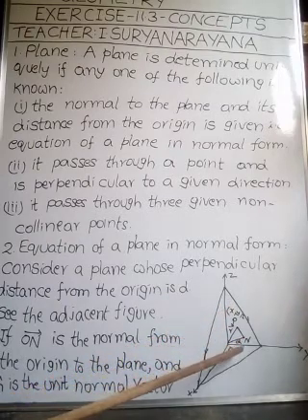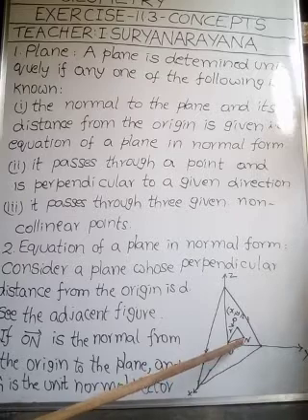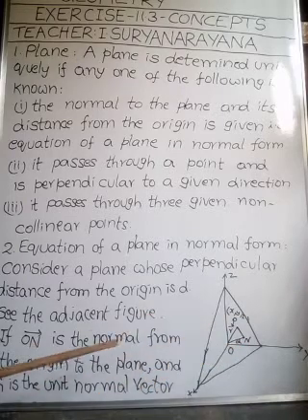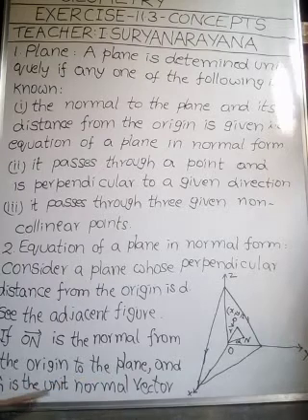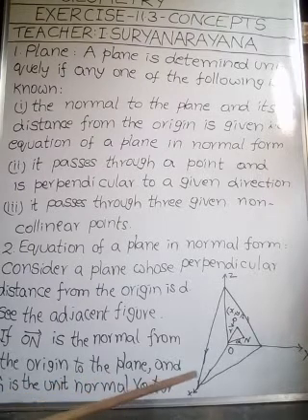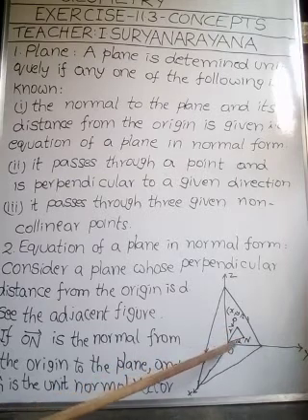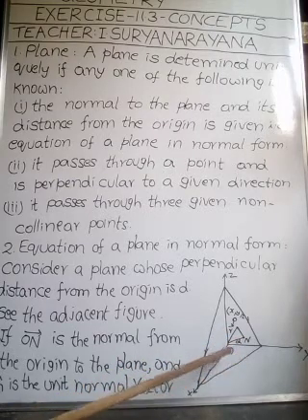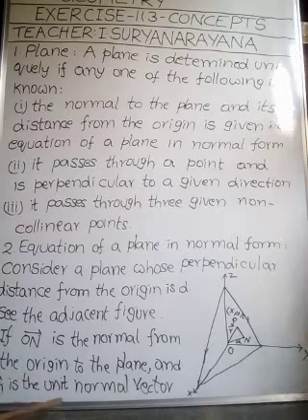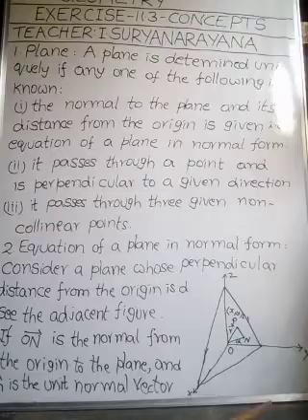That vector is perpendicular to the plane, and n cap is a unit normal vector. If it is a vector, we can find its unit vector. So, n cap denotes a unit normal vector. Understood this point, my children?